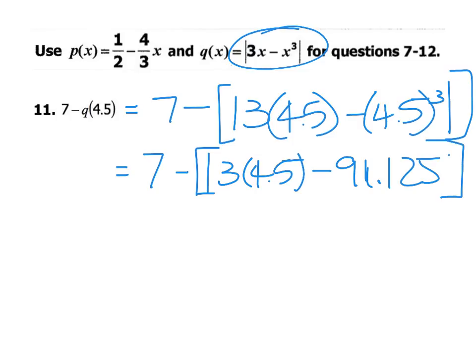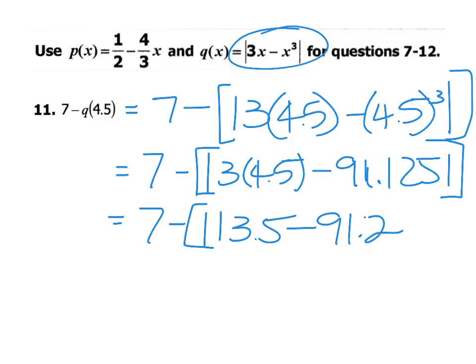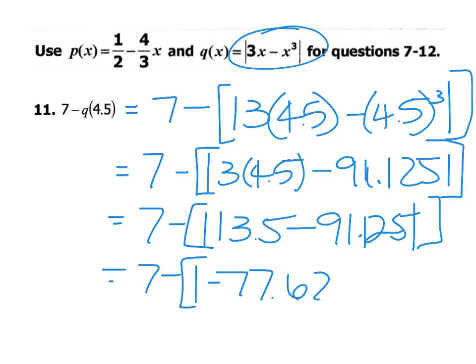Then we're going to multiply 3 times 4.5, and that gives us 13.5 minus 91.125. Now, 13.5 minus 91.125 is going to give us negative 77.625.